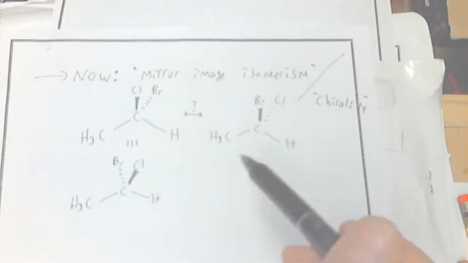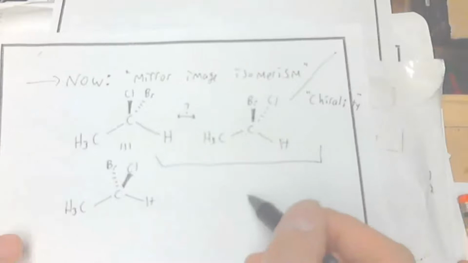So I'm holding two things constant, and then I'm assuming we take this and flip it. So now Br is coming towards us, Cl is going away. So what's the relationship of these two molecules?